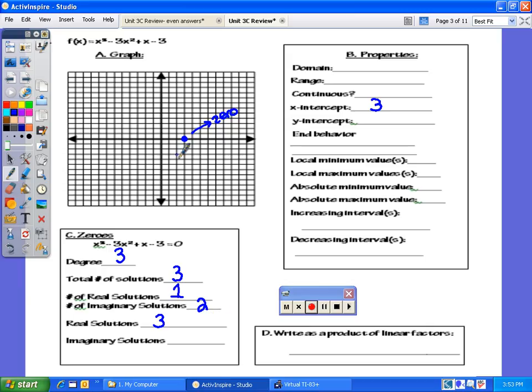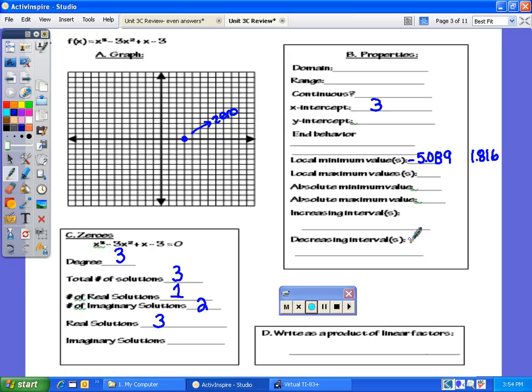And it dips somewhere around here. So the local minimum is at negative 5.089. The x value for that is at 1.816. I keep that on the side for my intervals.